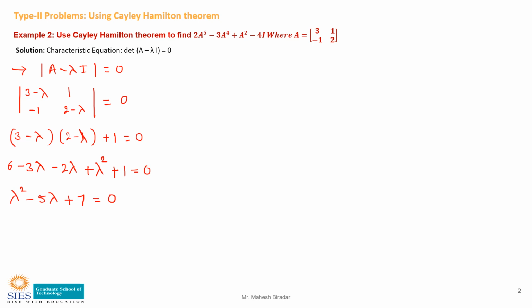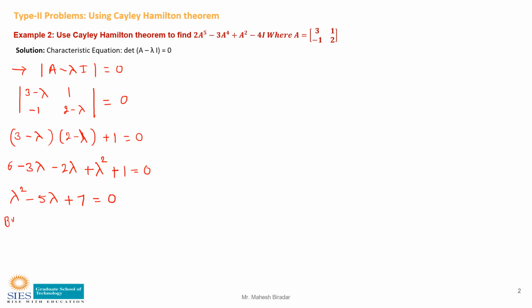Here, it is not asked to verify the Cayley-Hamilton theorem. So we are not going to verify it, but we can use the Cayley-Hamilton theorem and say that if you replace lambda by matrix A, this is equal to 0.